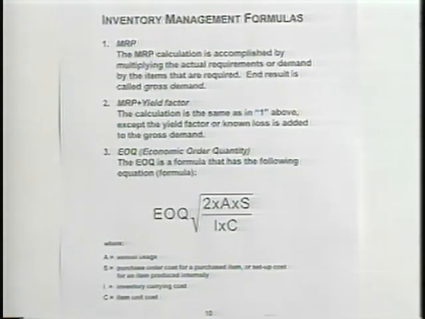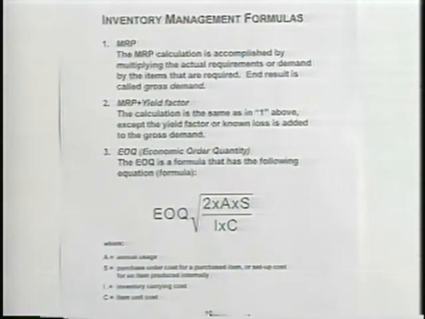Now, 2 is the MRP plus the yield factor, and we're going to go through some illustrations, but the definition of order to order plus the yield factor is to add the yield factor to the work order quantity, which we call gross demand, and therefore the yield factor would have 0 value, and what you basically would have to do is to develop the disposition of the yield itself.